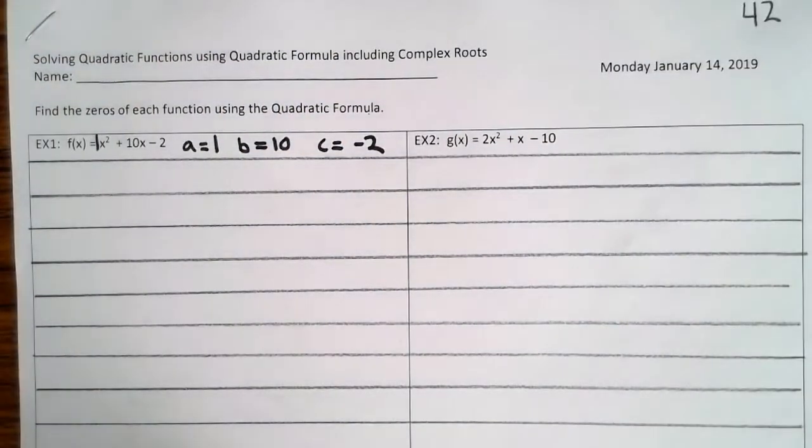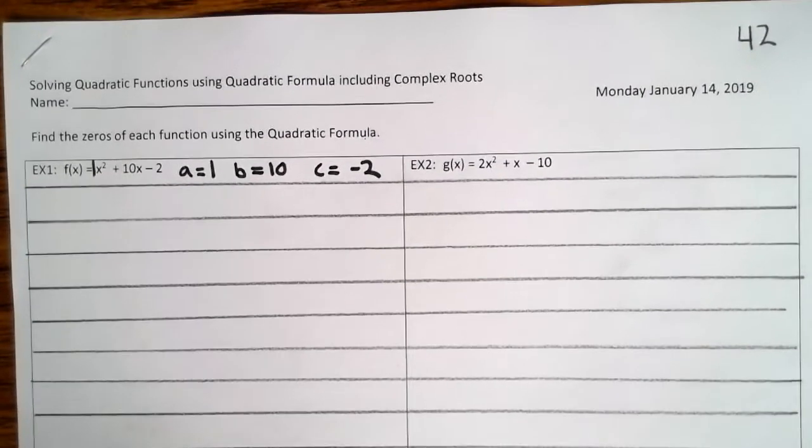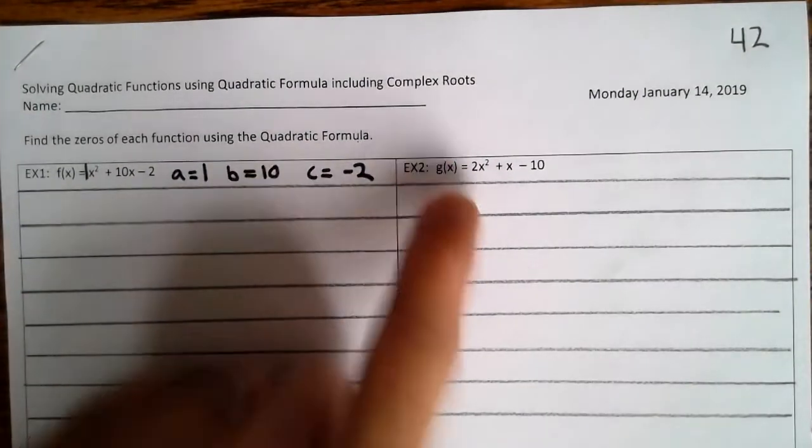Okay, once you have that, then we're going to use the quadratic formula, which you might write here at the top of the page so you don't have to keep looking at your notes.